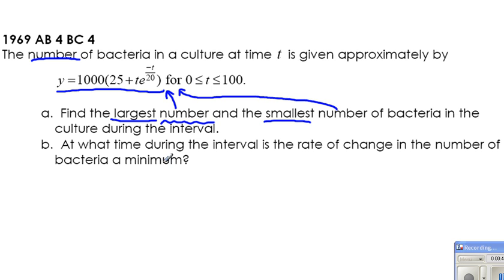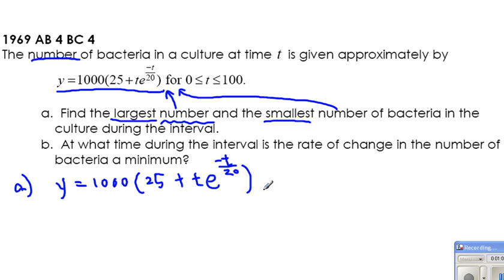Now, let us try to work on A. Since y is equal to 1000 times 25 plus t times e to the negative t over 20.